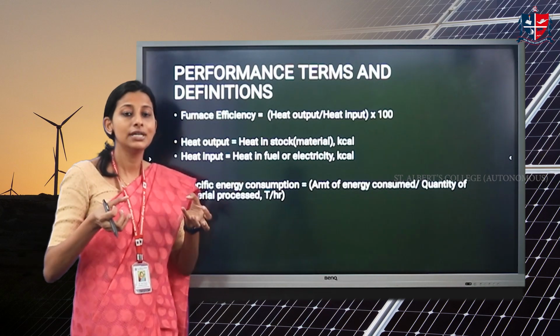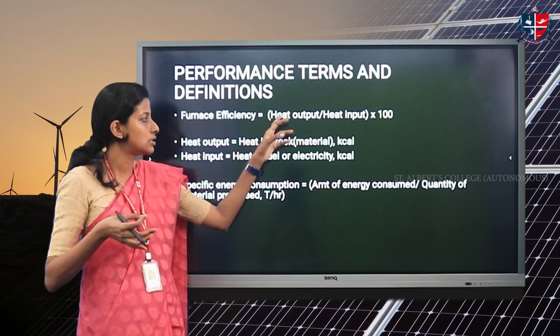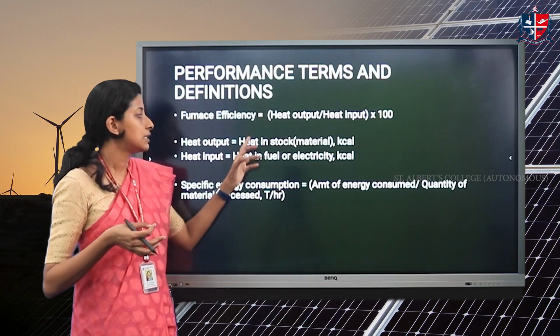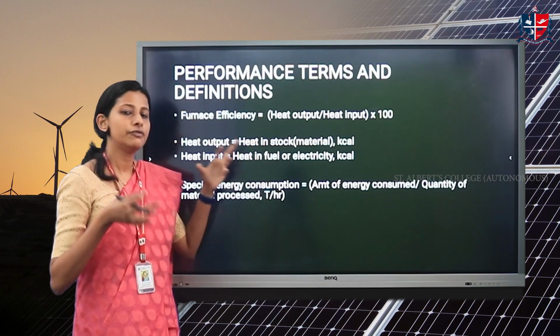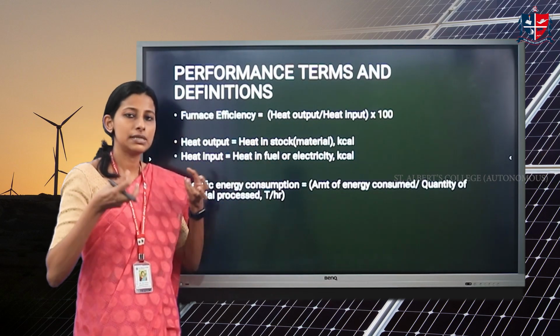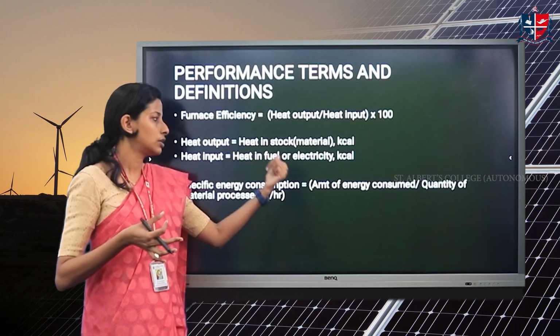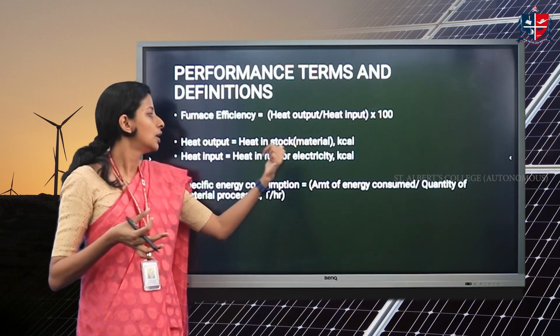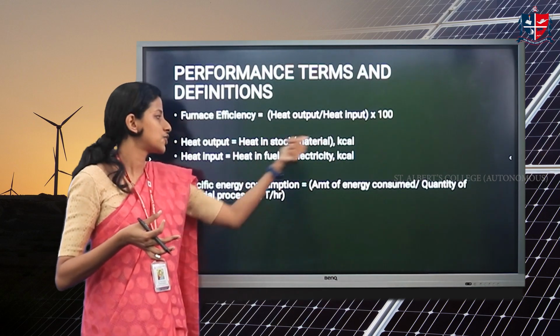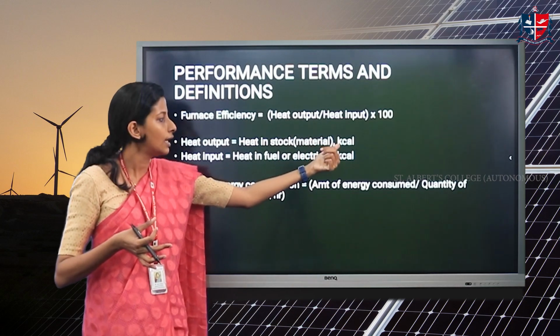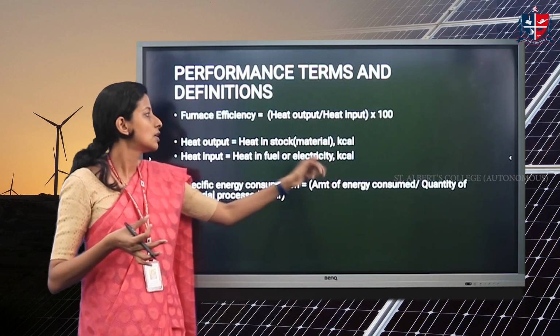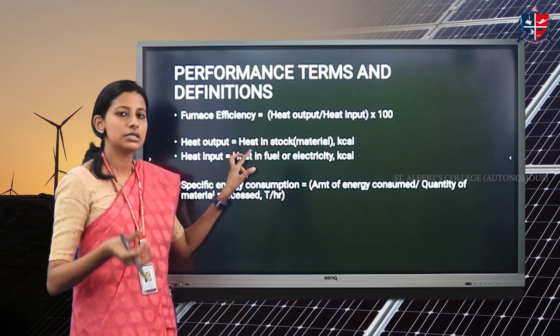The amount of heat contained in the material is the heat output, that is, the heat in the stock. In furnace terminology, the material that is being heated is called the stock or billet. Heat is always measured in kilocalories, that is kcal. So heat output is the amount of heat in the stock.